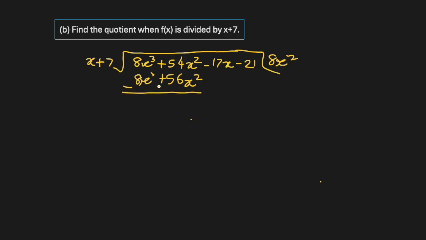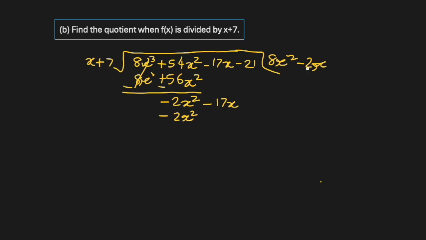So if I change their signs, this will cancel out, and this will be minus 2x square. I'll bring down one more, minus 17x, because there are just two of them, so there is no need to bring the third one right now. To make minus 2x square, I'll multiply by minus 2x. So minus 2x times x is minus 2x square.